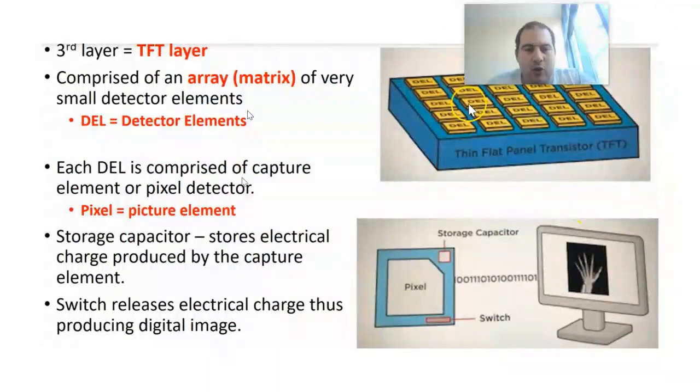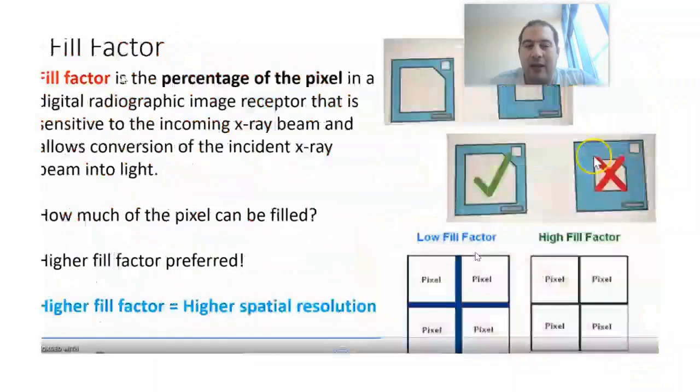Here you have a pixel, or picture element, and there is a storage capacitor. This storage capacitor stores the electronic signal, and these pixels receive the electronic signals coming from the photodiode. This is to send it to the computer.